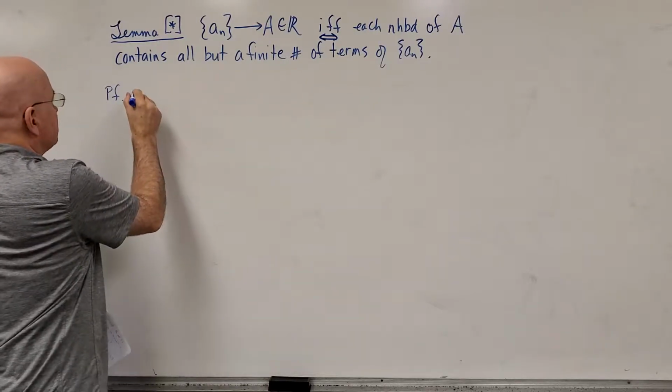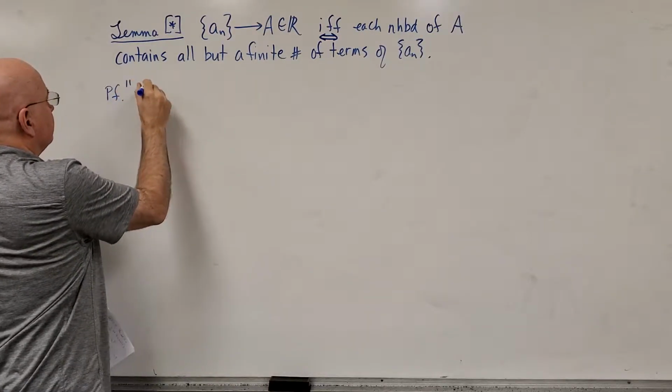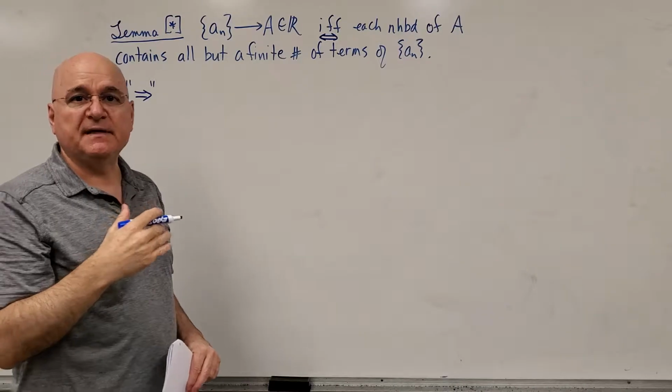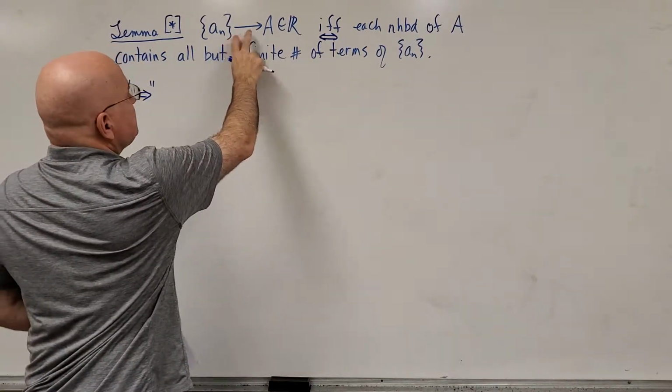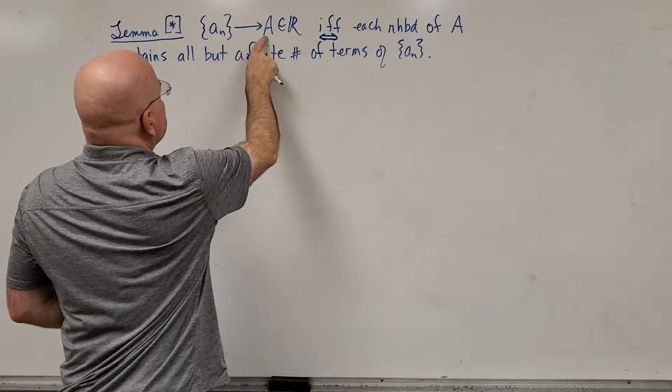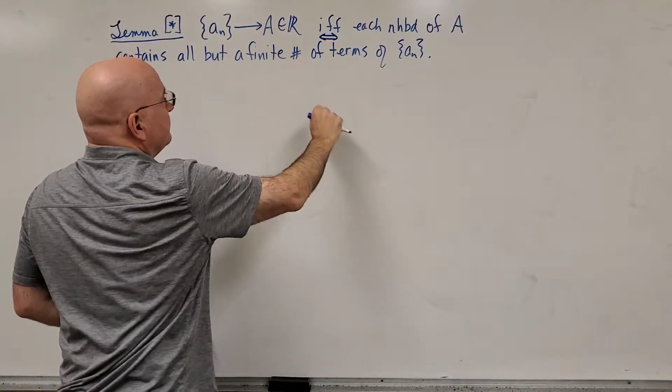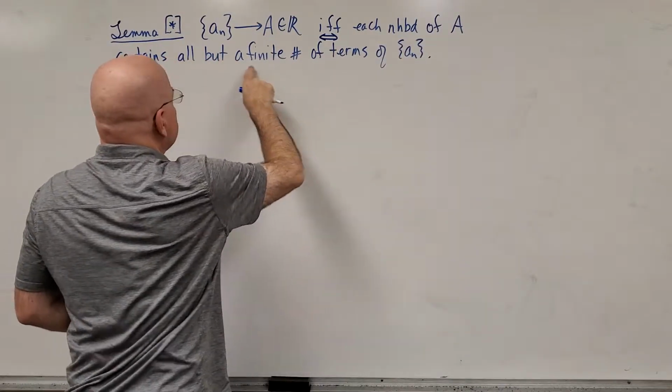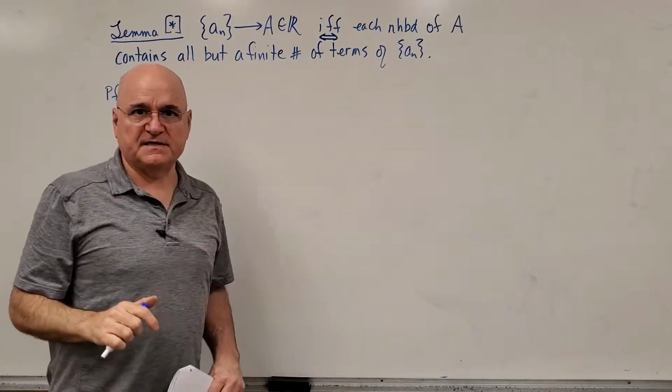All right, just to start things off, my case one is going to be proving that this implies the second part. In other words, if a_n converges to a, then each neighborhood of a contains all but a finite number of terms of the sequence.